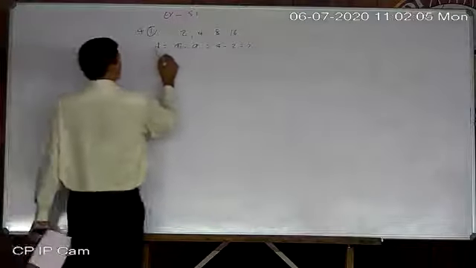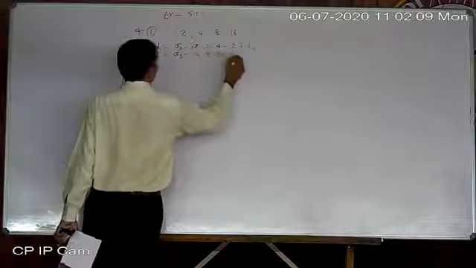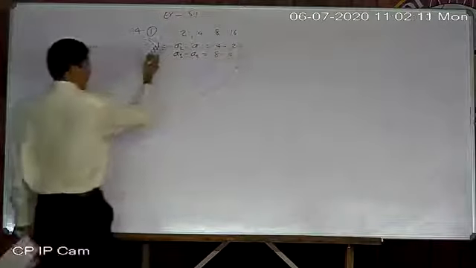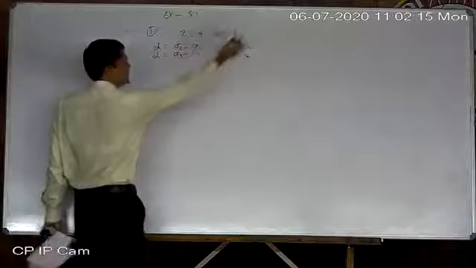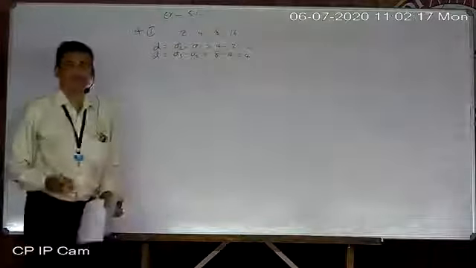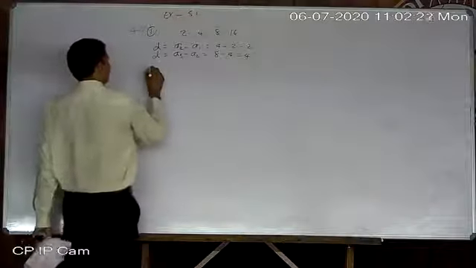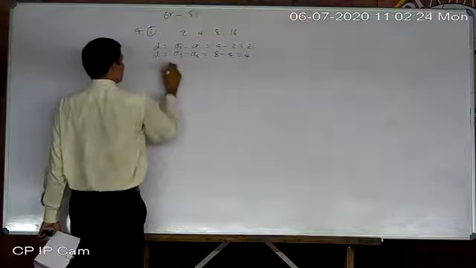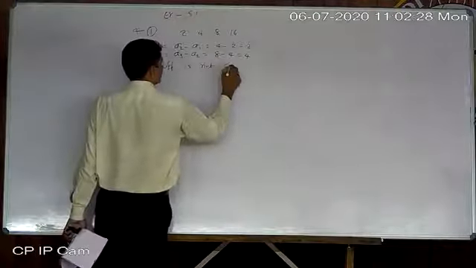Then again A3 minus A2, 8 minus 4, that is 4. Now, no need to find for D because if the first 2 differences are unequal, then obviously it is a not an arithmetic progression. Therefore, the difference is not constant.